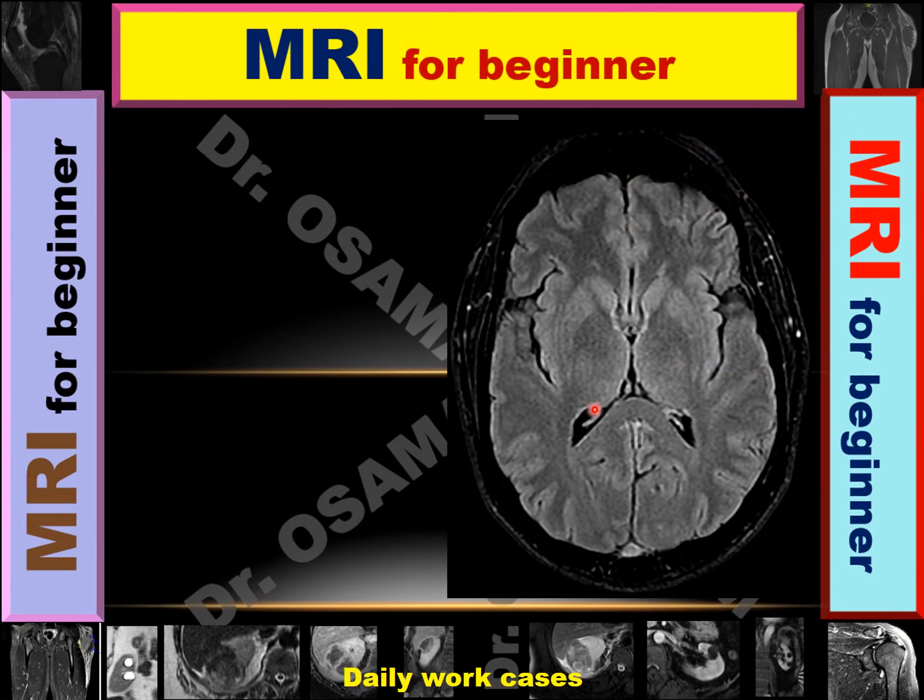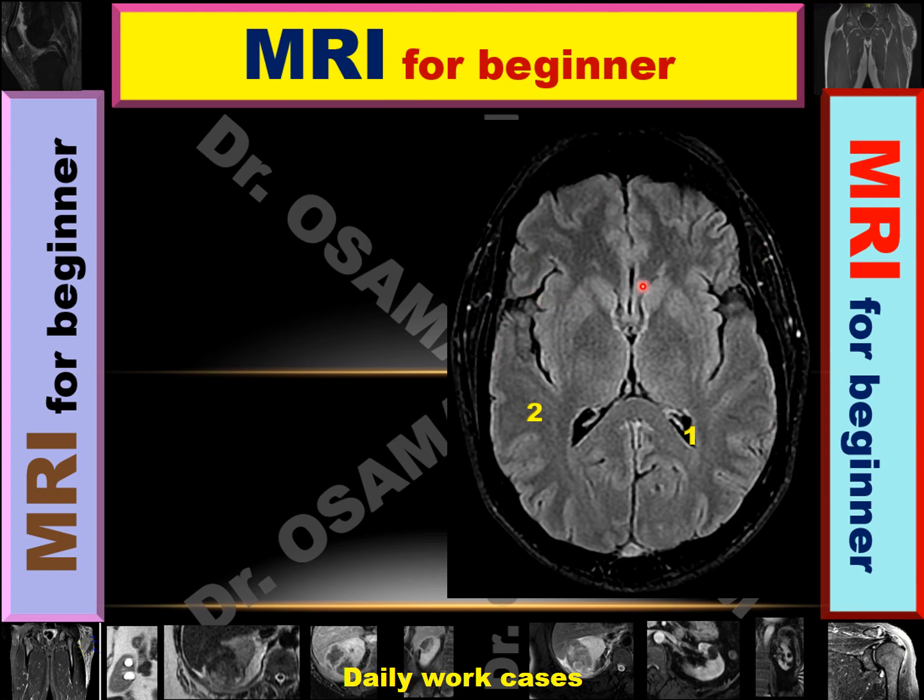Again, CSF is dark, so follow the three steps. CSF is dark, so there are three sequences suspected. Look at white matter. It is dark also, so T1 is excluded. Outline is clear and the details appeared good. This is the head of caudate nucleus, lentiform nucleus.